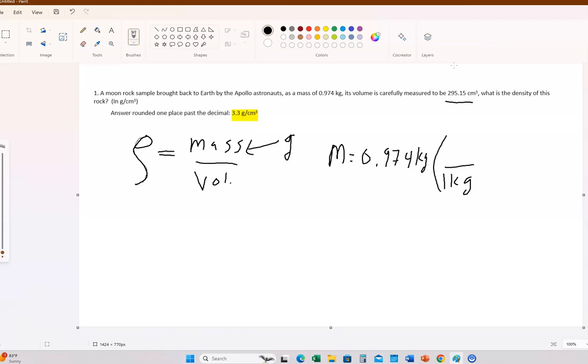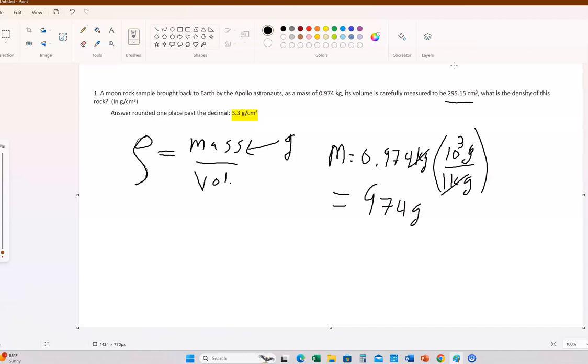So 1 kilogram would be 1,000, which I'm going to write as 10 to the third power grams. The kilograms cancel, and so you just take 0.974 times 1,000, and so this of course becomes 974 grams. That's as simple as that.